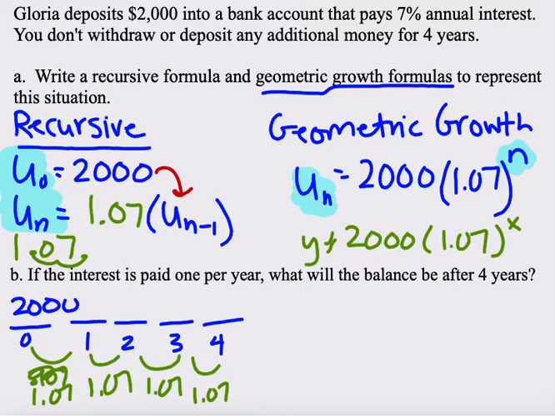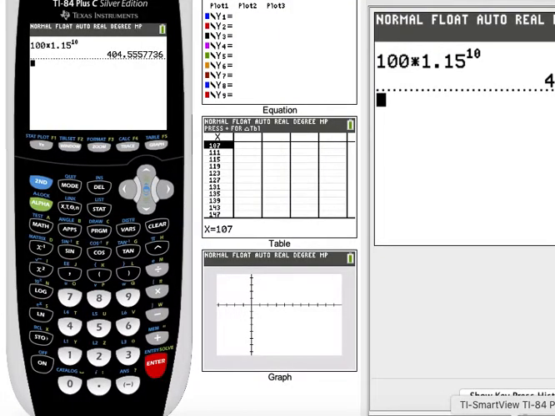I'm going to use that geometric shortcut. To me, that seems the easiest, because all I have to do is 1.07, then raised to the 4th. So in my calculator, I've got the 2000. You can't really see that, can you? Times 1.07 raised to the 4th.